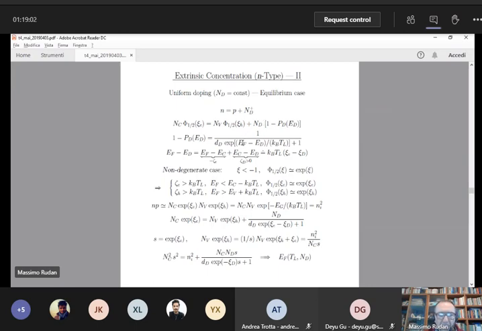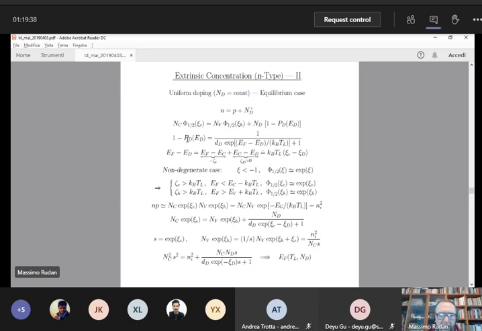Why? Because if EF is below ED by at least 1 kT, that means that the exponent in this formula is negative and large. That means that it is negligible with respect to 1. So this function here, 1 over 1 plus exponential, etc., is practically equal to 1.